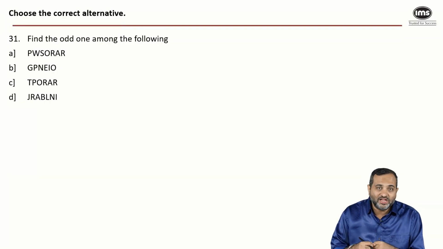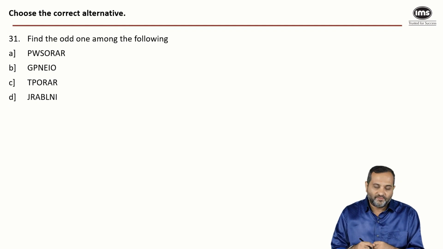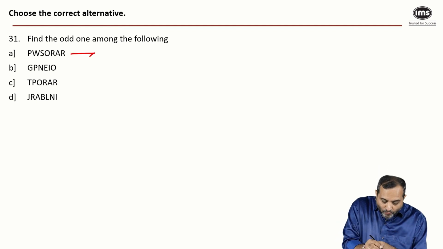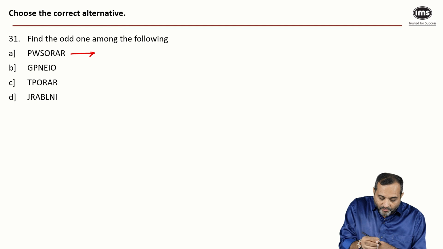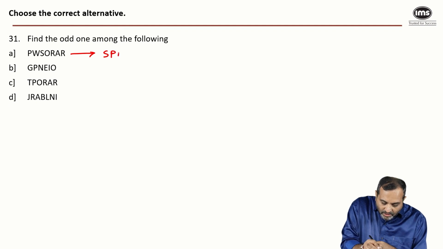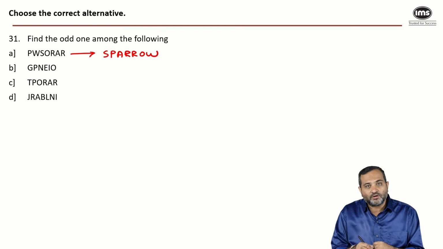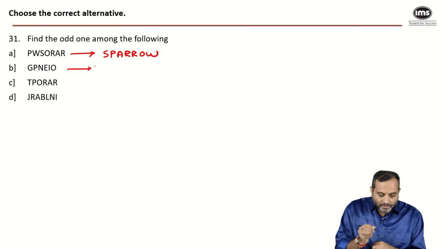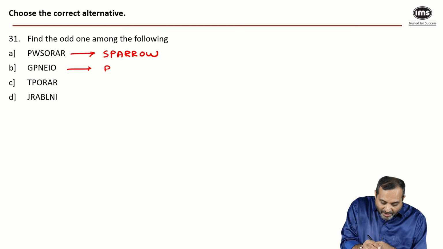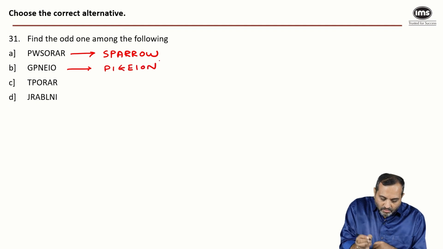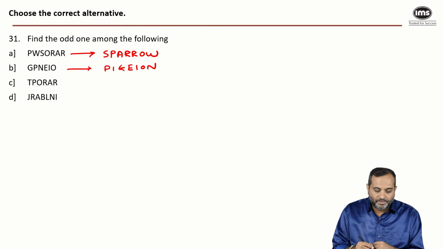I have to find the odd one among the given figures or given words. Do you see the words are scrambled? So if you try to form a word from here, what word would you form? I can form the word sparrow from here. Let's look at the next one. I can form pigeon from here.